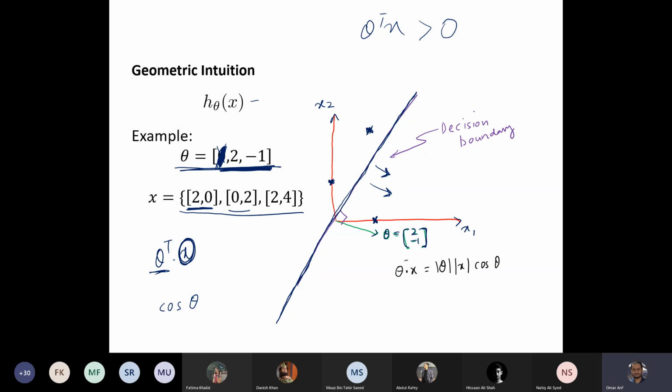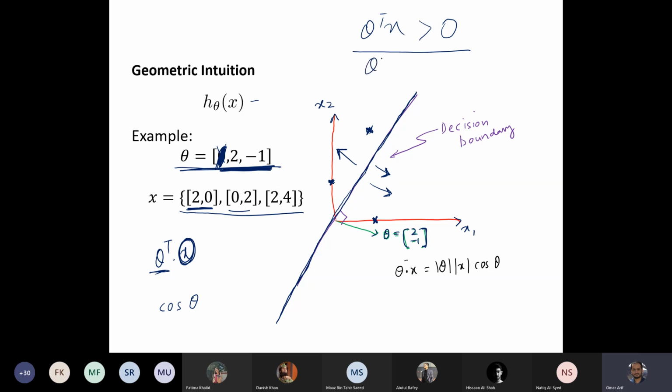ठीक है, क्योंकि remember that this is your logistic function. कि एग्जैक्टली 0 पे वो 0.5 है, और 0.5 से अगर आपकी theta transpose x की बिगर वैल्यू है, तो your prediction would be greater than 0.5. Anything that lies on this side would make an obtuse angle. Obtuse means greater than 90, and for greater than 90, cos theta is always negative.